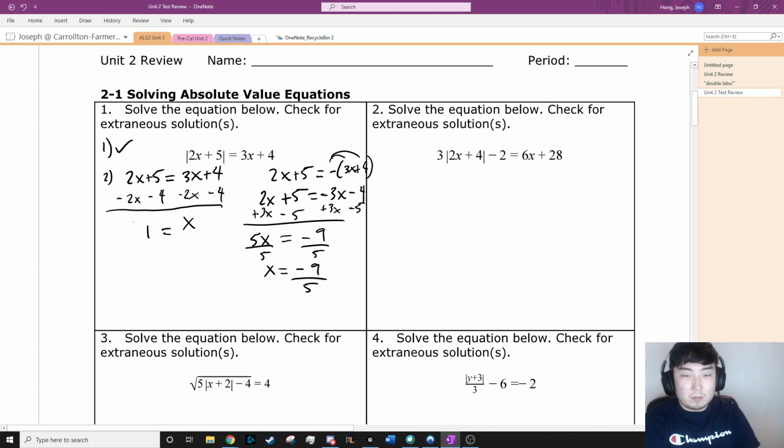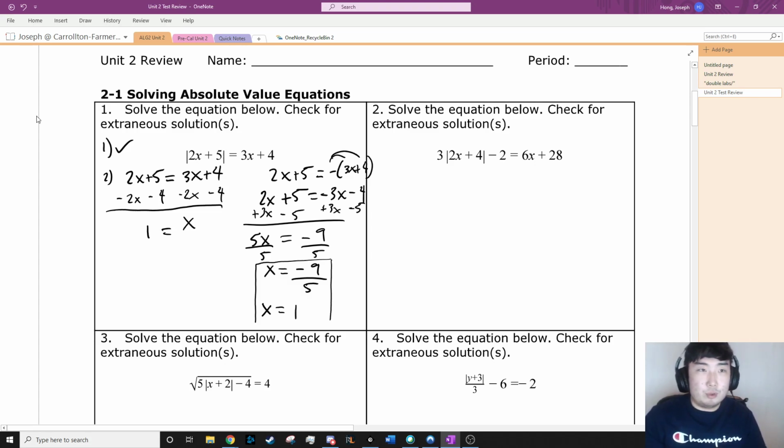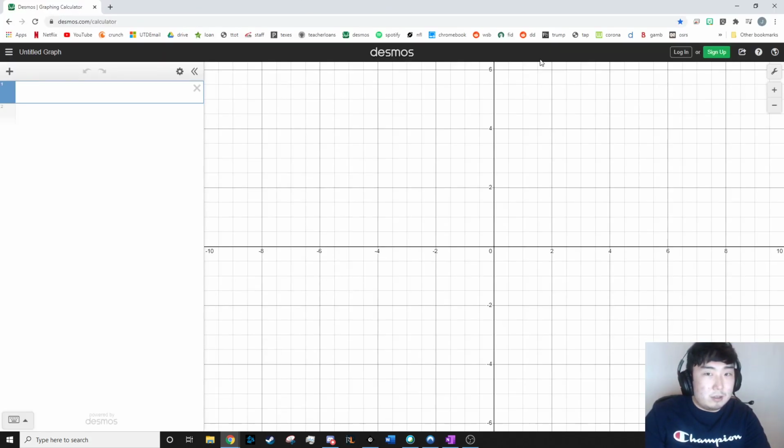So, yes, these are both your correct answers for now, but we have to check them for extraneous solutions. And you should be doing this every single time that you have any kind of question about absolute value and solving it. A good way to check this is by using Desmos.